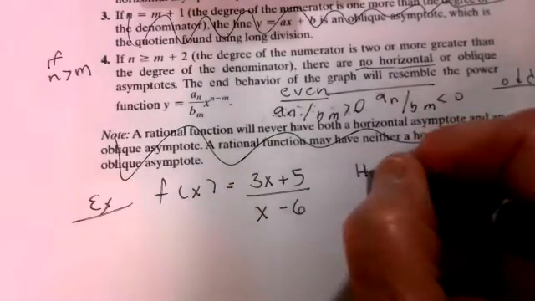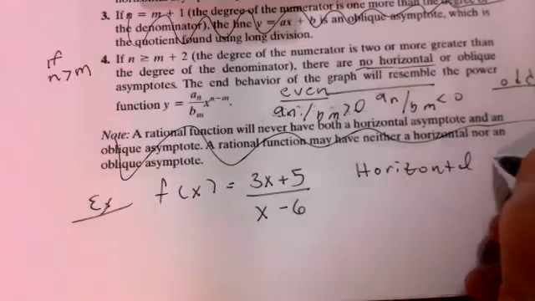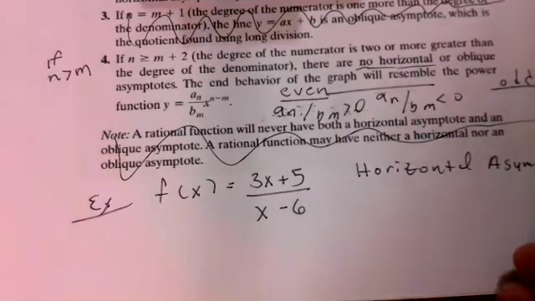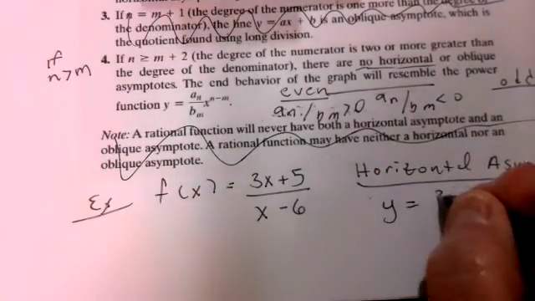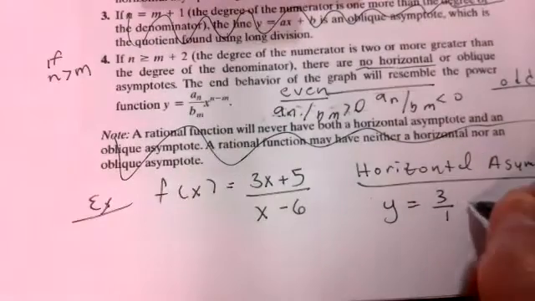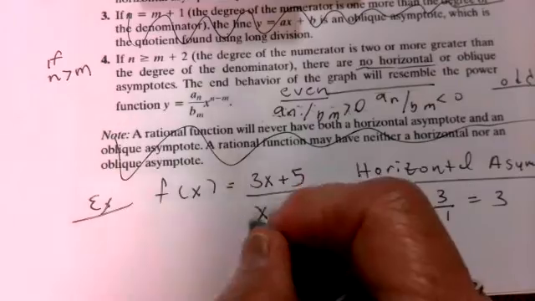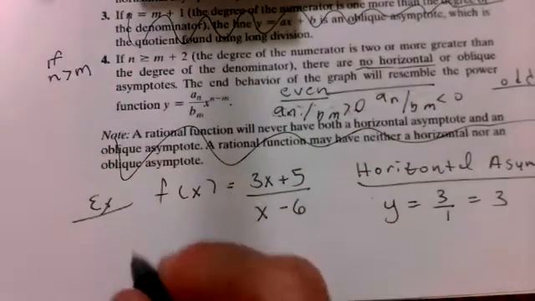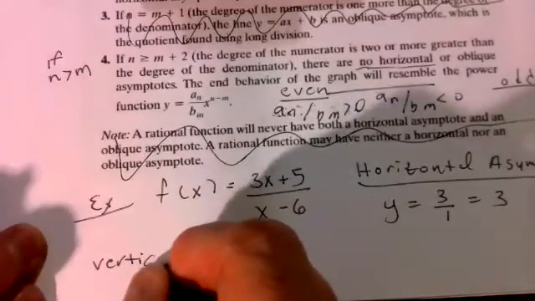Okay, the horizontal asymptote is going to be y equals 3 over 1, or y equals 3, because this coefficient down here is 1. That's the horizontal asymptote.